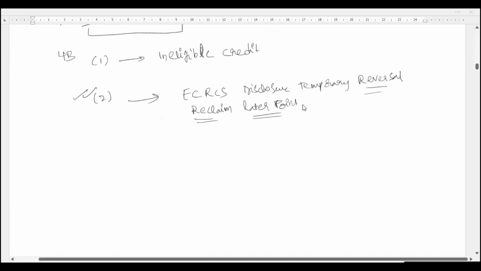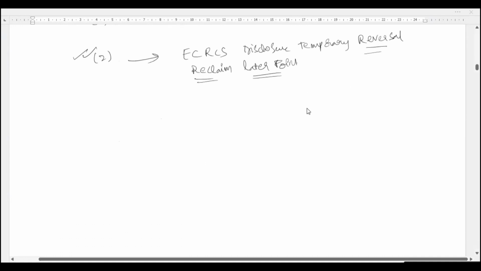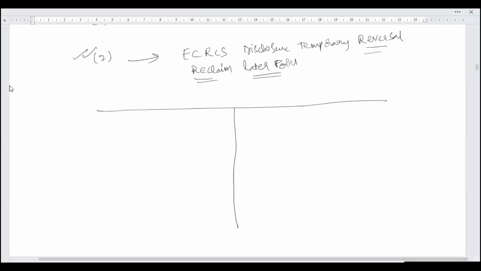Now, this ECRCS, when you see ECRCS, this is like your T account. Your debit, your credit. So this is where the in happens, and this is where the out happens.